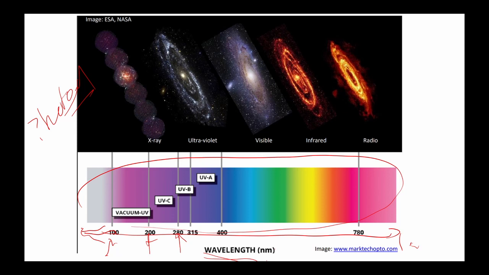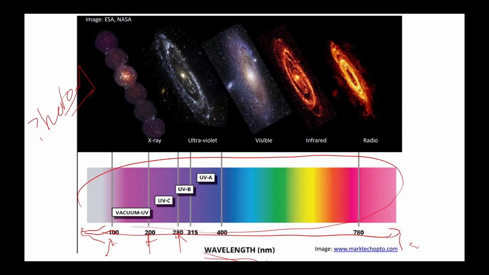There are different types of telescopes and different types of photodetectors used in them to study the outside world, outside our earth.